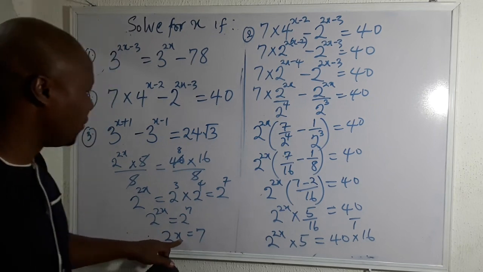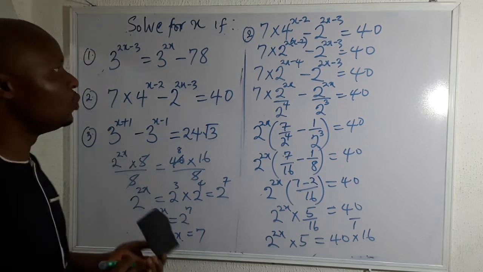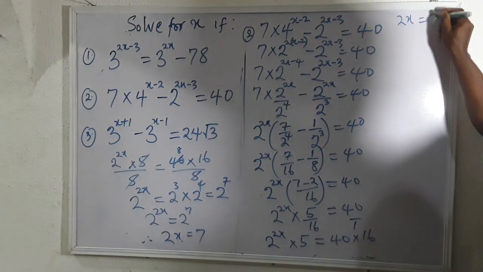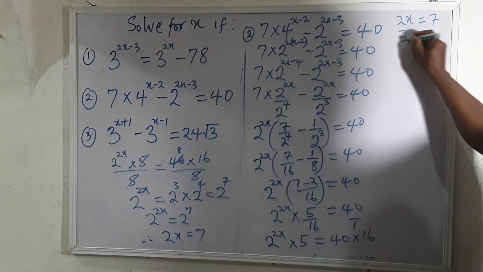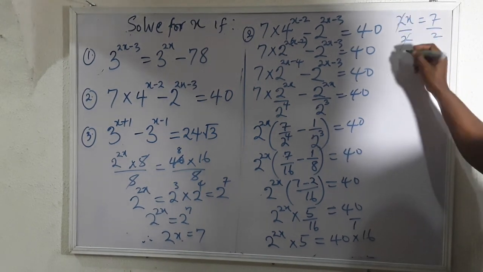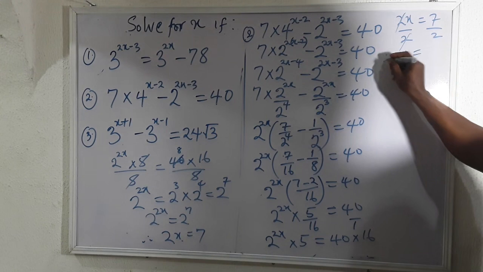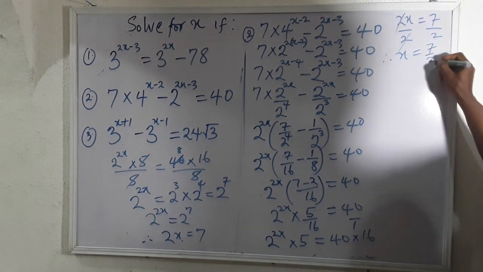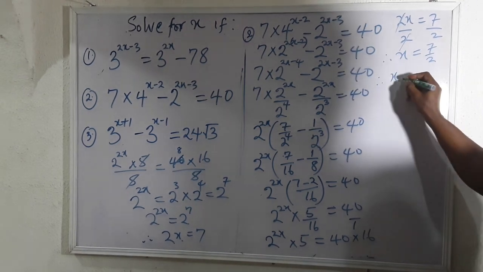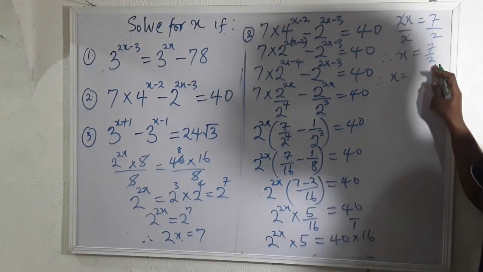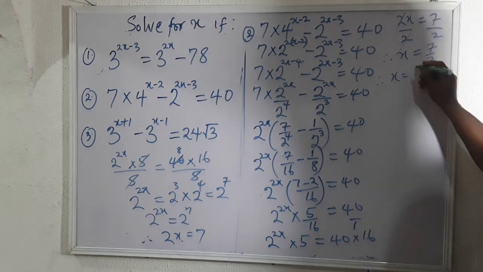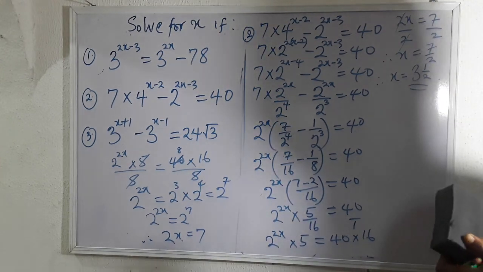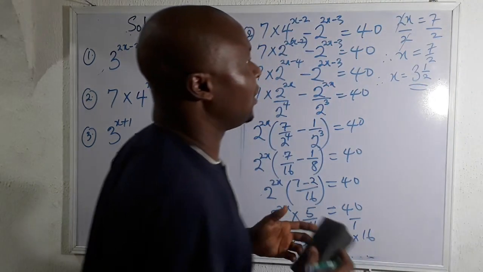To get the value of x, we divide both sides by 2. 2 cancels 2, so you have that x is equal to 7 over 2, or you can say how many times can 2 go into 7, it is 3 times, so you can say 3 whole number 1 over 2. Whichever you express it as, that is the answer.